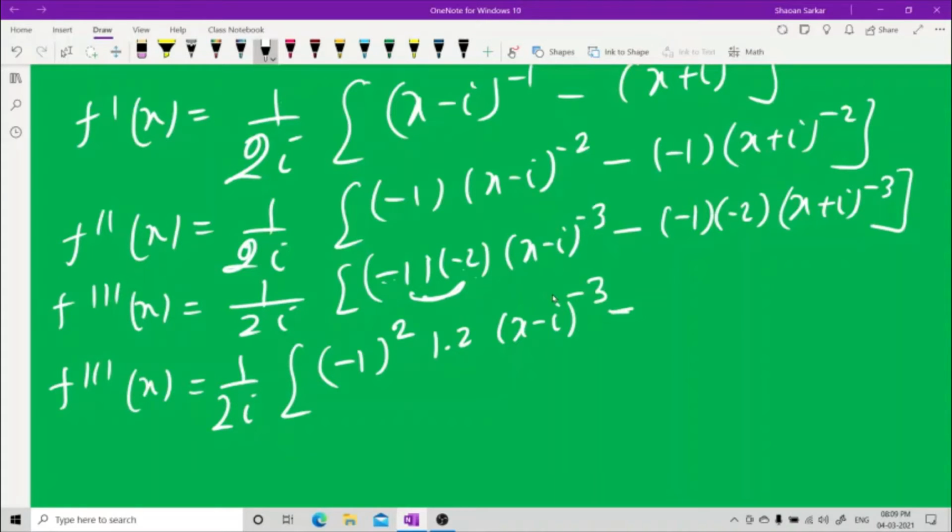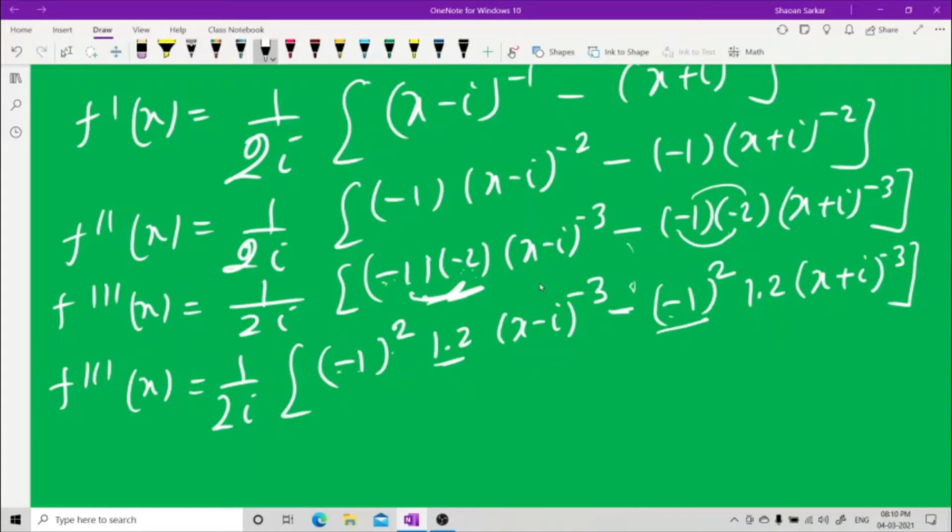Put this minus as it is, and here minus 1 to the power of this minus and this minus square, and then 1 into 2, and this is x plus iota to the power of minus 3. Now see, the minus and the minus become minus 1 squared, and 1 into 2 stays 1 into 2. The minus is kept as it is, minus 1 squared, 1 into 2, and x plus iota to the power of minus 3.